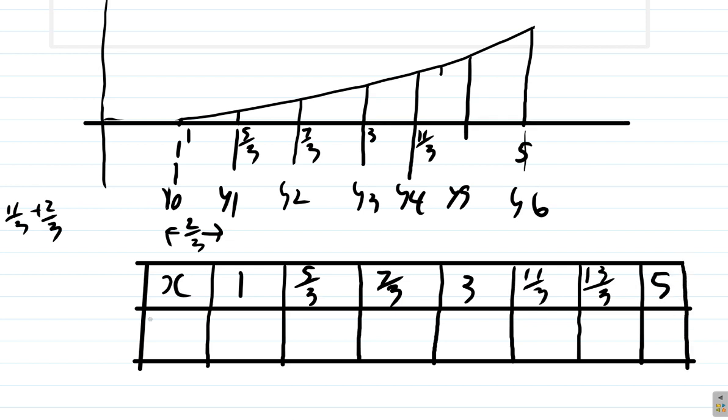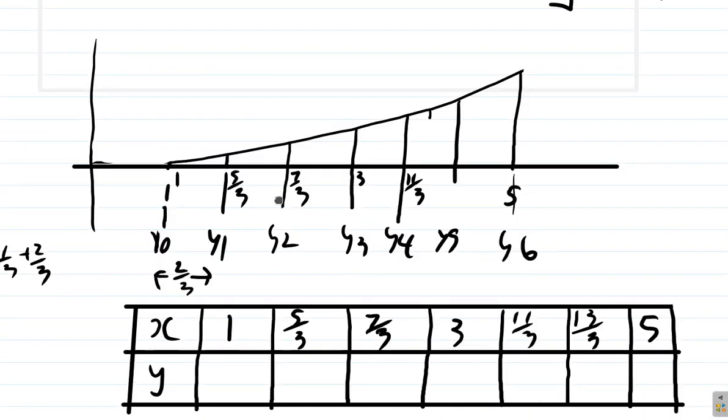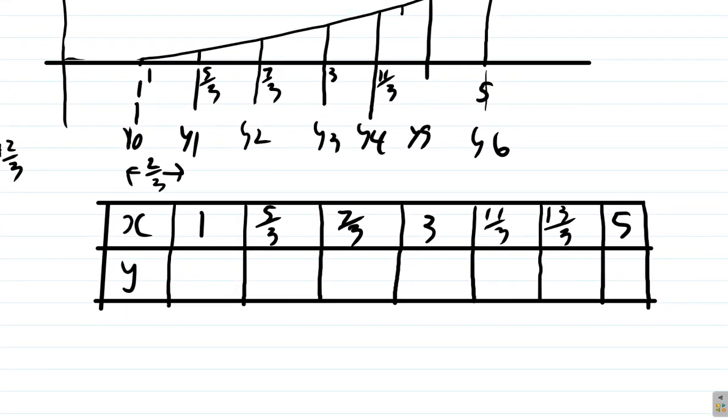Alright, good. As for the y, now we are cubing y because it says we are integrating x cubed. So 1 cubed is just 1. 5/3 cubed is what? 125 over 3 cubed, which is 27. Alright?